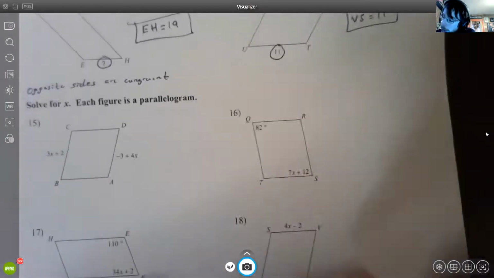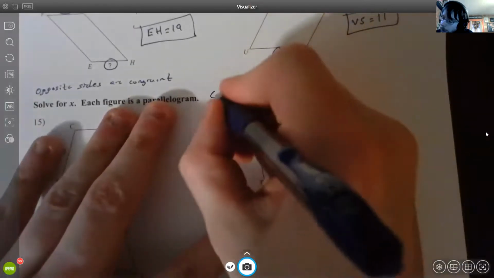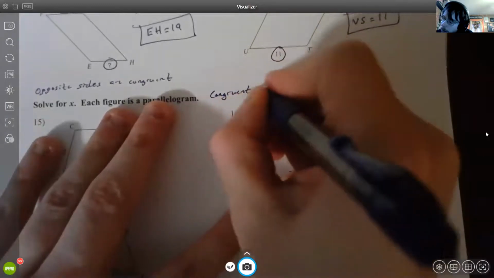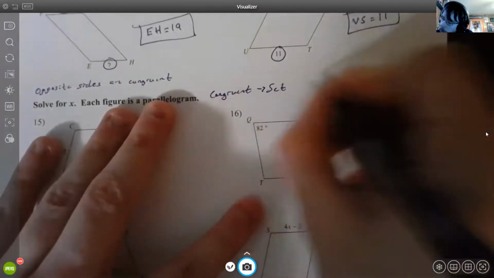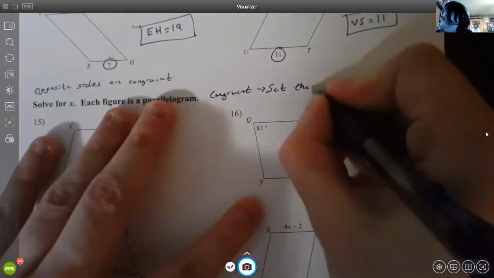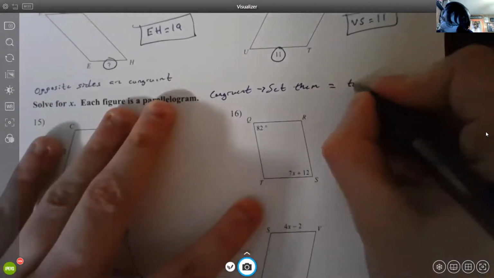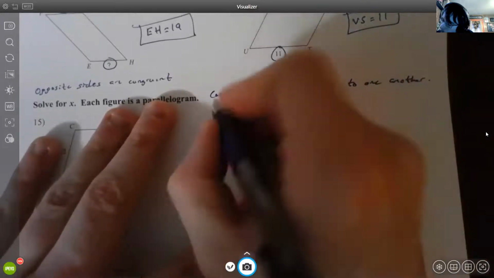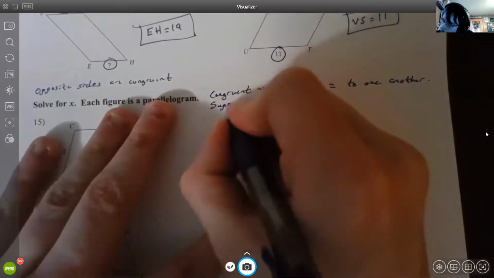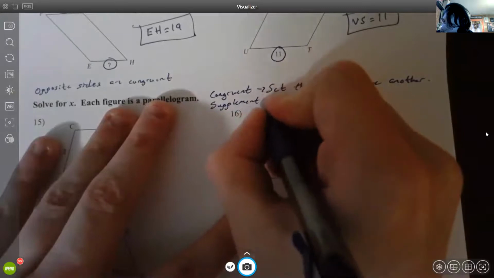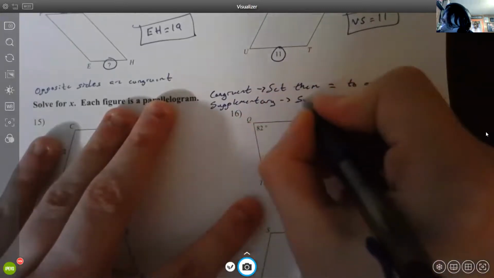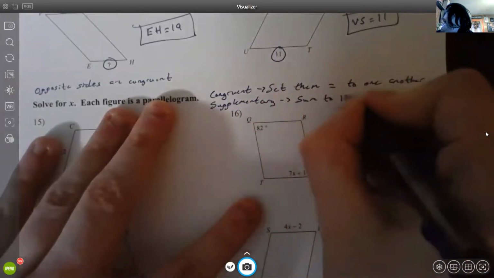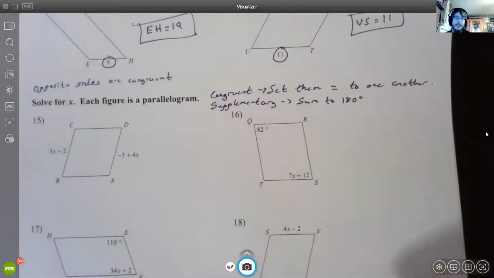So if something is supposed to be congruent, that means you set them equal to one another. If they're supposed to be supplementary, they sum to 180 degrees. So you would add them together and set them equal to 180.